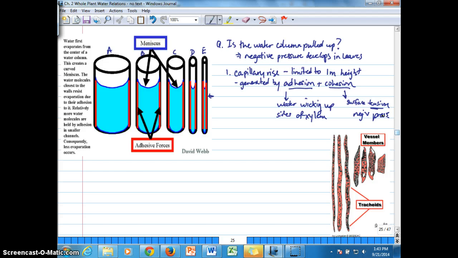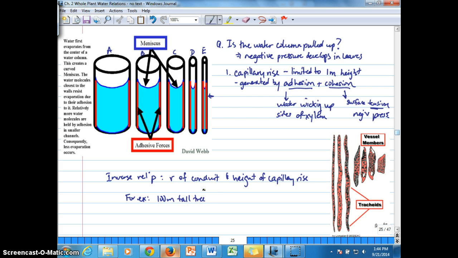Now there is an inverse relationship between the radius of the conduit and the height of capillary rise. So that means that the smaller the radius, the higher the capillary rise. So let's look at, for example, that 100-meter tall tree.